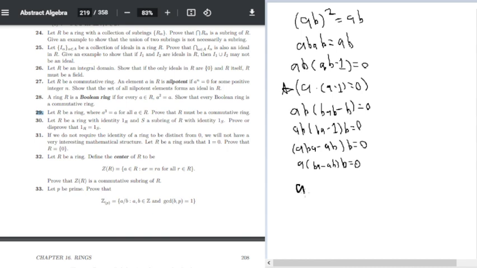So we also have that A, B, AB minus AB, B equals 0. Oh, I just can't get rid of these stupid A's on the side.